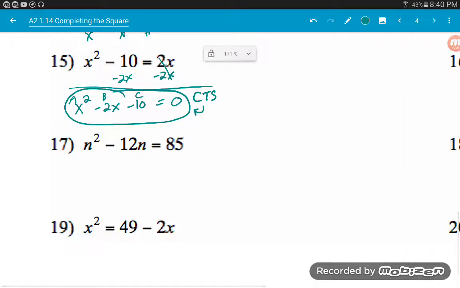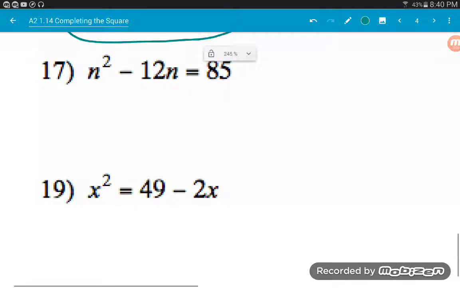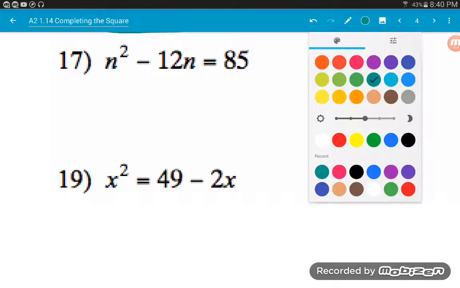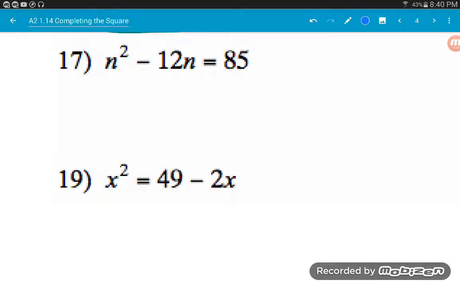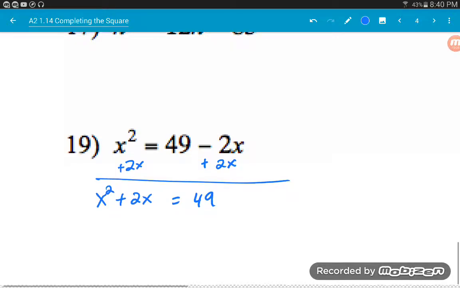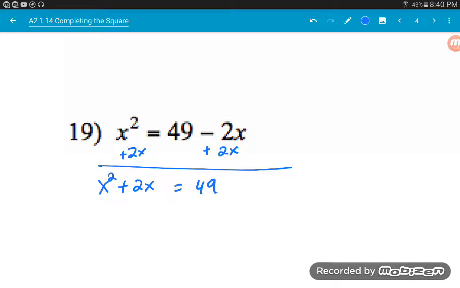One more example of that. Number 19. I've got my x squared on the left, but I don't have anything else there, so let me do a couple things. Let me add 2x. I've got x squared plus 2x equals 49. If you really want to move that over as well, you can, and then start the steps from there.